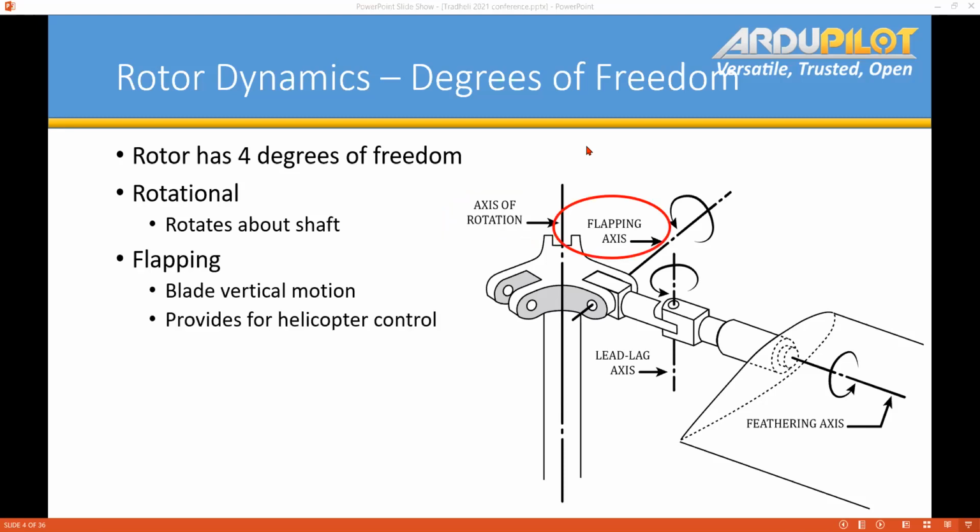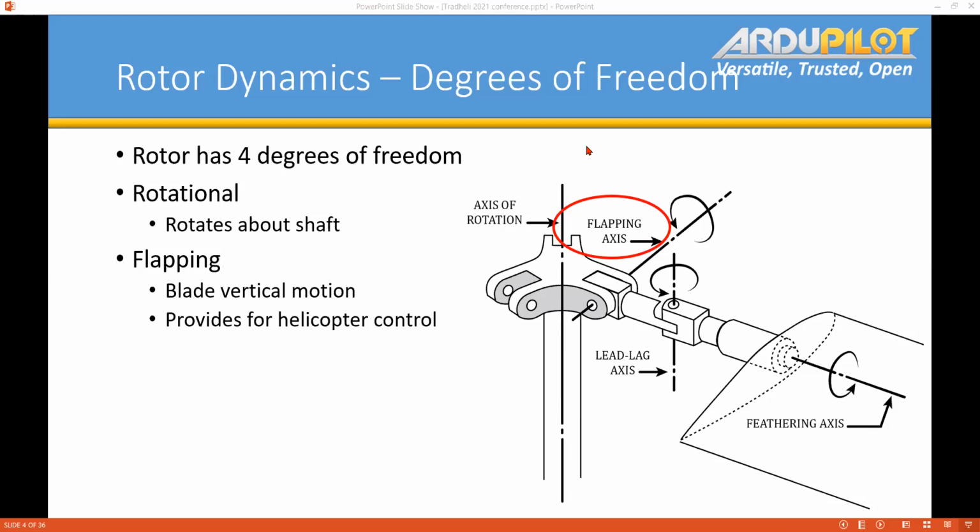Next, we have the flapping degree of freedom. That's the vertical motion of the blade. It can be done through a hinge or the flexibility of the blade itself, or maybe even some flexibility of a yoke inside the hub that allows the blade to flap up and down out of the plane of rotation.